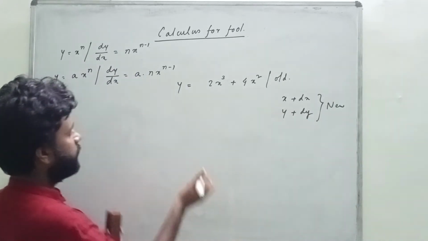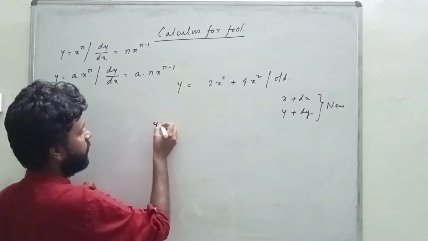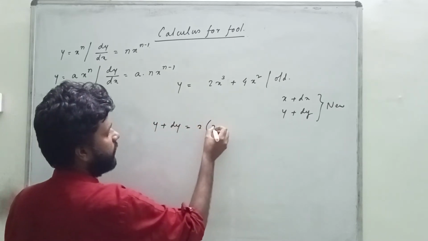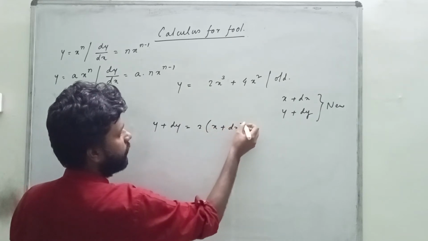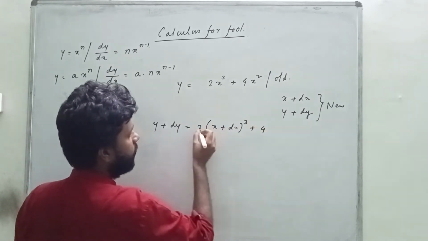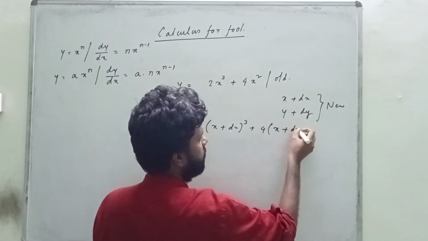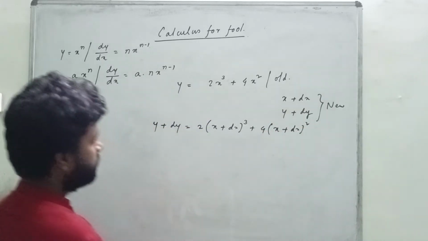Then the new relation becomes y plus dy equals 2 times x plus dx whole cube, and the 4 times x plus dx squared, right?